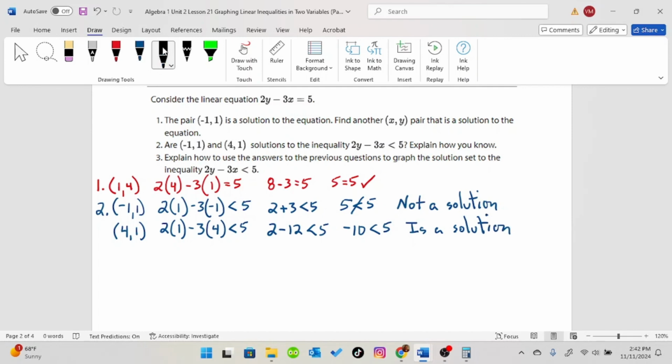And number 3, explain how to use the answers to the previous questions to graph the solution set to the inequality 2y - 3x < 5.